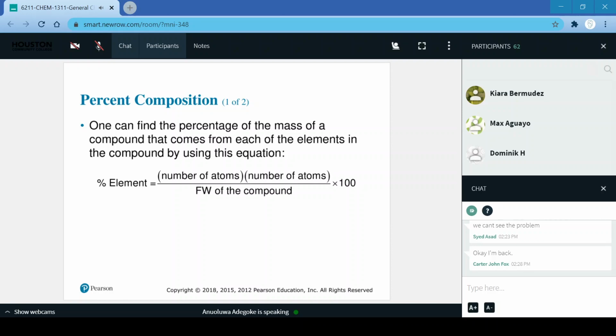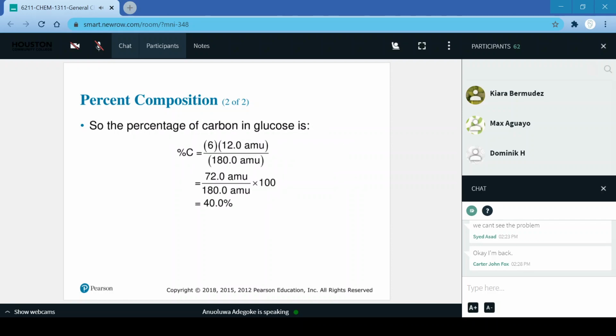We count the number of the atoms, and then we multiply that by the atomic mass of the atom divided by the formula weight of the compound times 100. So that is how we find the percent composition. For example, this is calculating the percent of carbon in glucose.